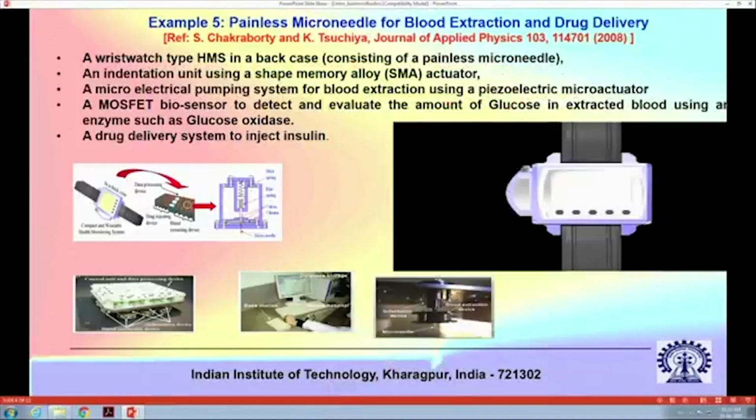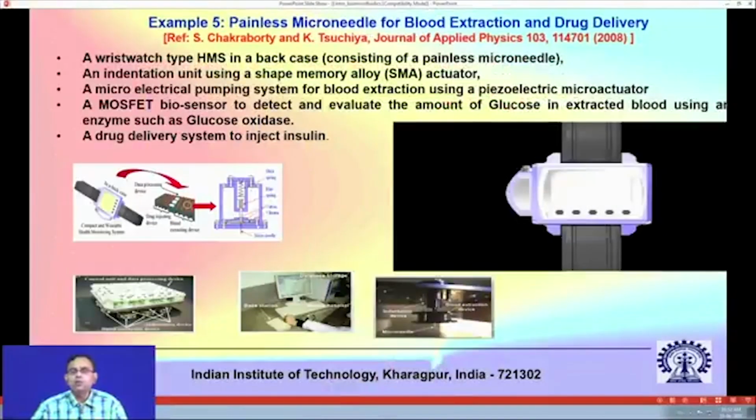Okay. I will talk about a few more examples, and this is a very unique example where we worked on a research problem of painless microneedle development for blood extraction and drug delivery.